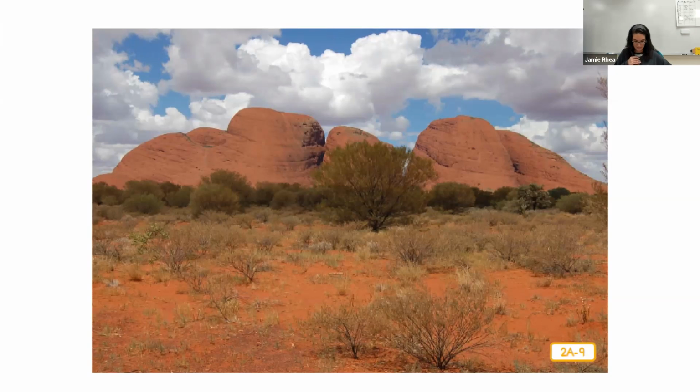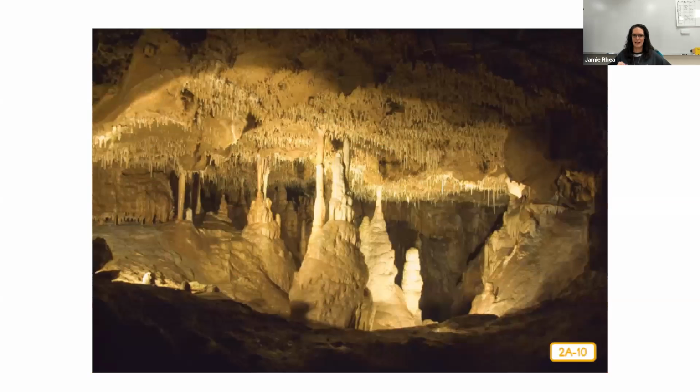A remnant means that something is left over or remaining. Eventually, all the other rock eroded away due to the wind and rain, and only this one mound of rock remained. So that means all the other rocks were worn away by the wind and the rain. Oh, look at that. That's pretty cool.